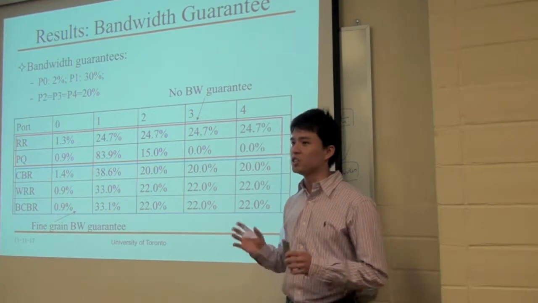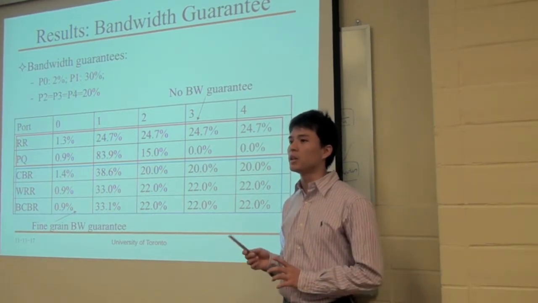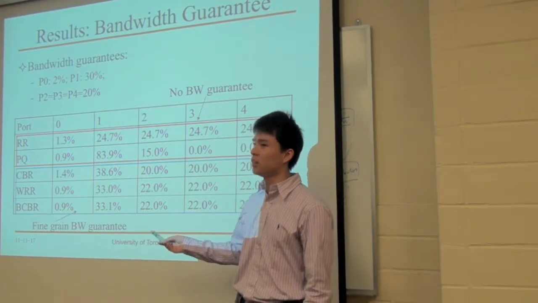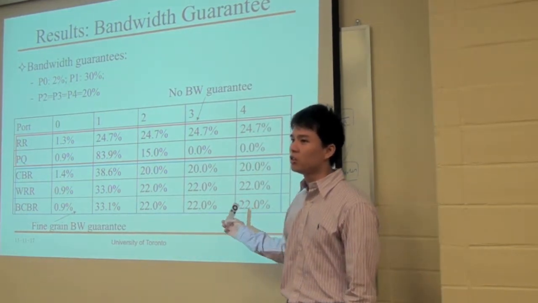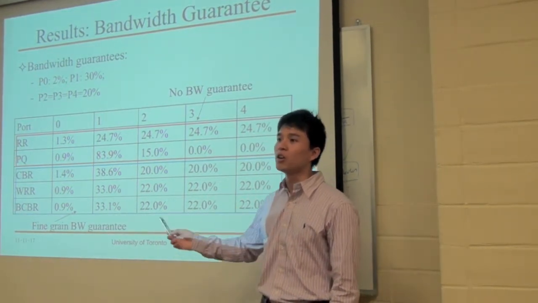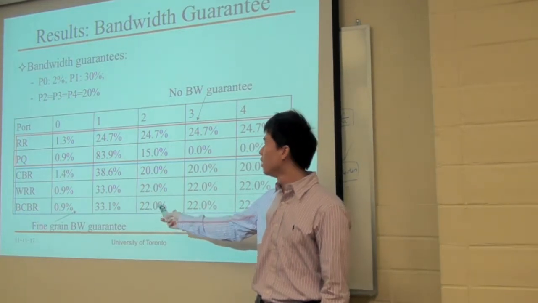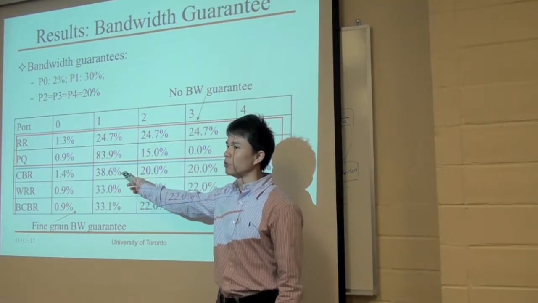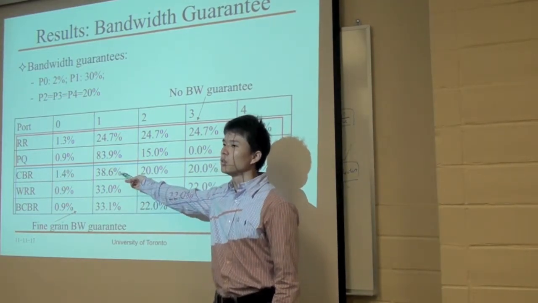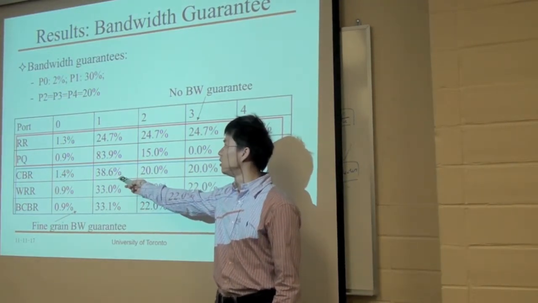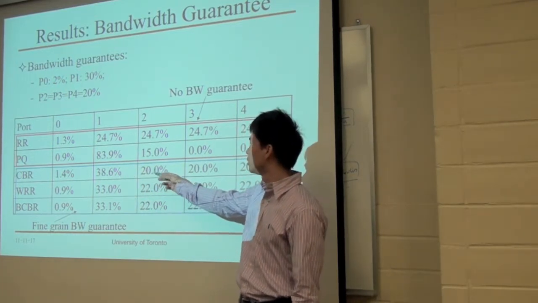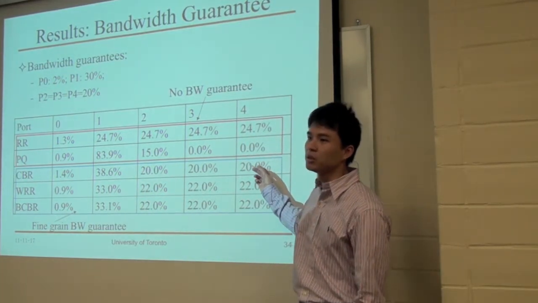Yeah, because port 0 is implemented with the CBR mechanism, the DAC queue. But you can easily extend the DAC queue to all the ports. So the residual bandwidth will be allocated according to the priority. Like this one, all the residual bandwidth will first go to port 1. So it will have much higher bandwidth than it requires. And then the rest of them only get the minimum bandwidth guarantee.